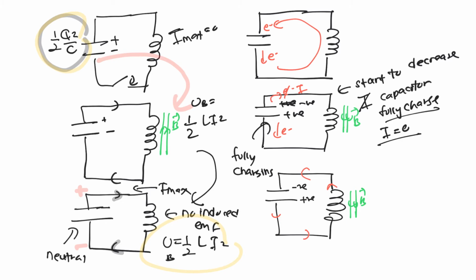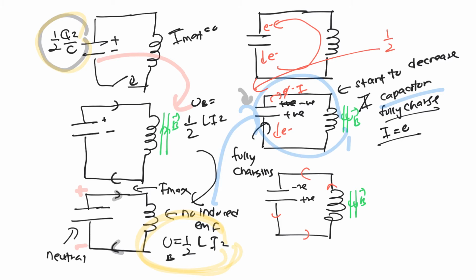Okay, so as you can see, when it comes to the energy, if we look at it from the energy point of view, at this particular time the energy is stored inside the magnetic field of the inductor. But once it goes to this part, at this particular time the capacitor is fully charged, and all the energy is going to reside in the electric field of the capacitor.